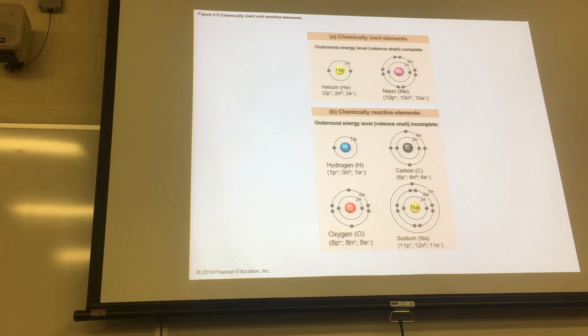So when those things unite, hydrochloric acid, HCl, sodium hydroxide, ions, and water is a little different. Water is a different type of bonding. But when hydrogen goes with chlorine, that's ionic bonding. Sodium hydroxide, ionic bonding. Potassium chloride, ionic bonding. These are all ionic bonds.